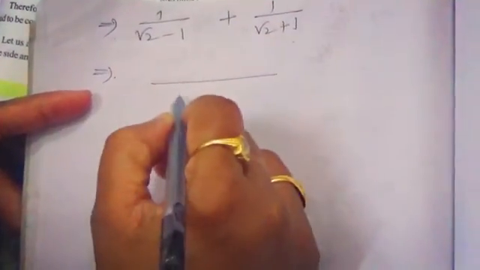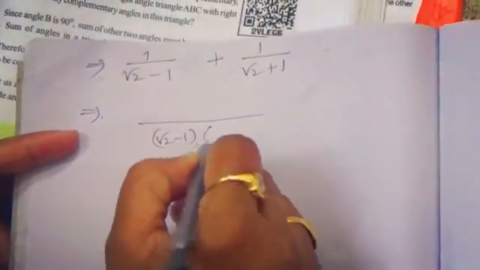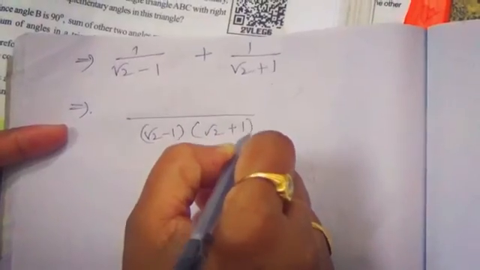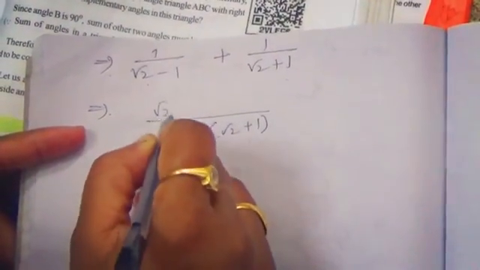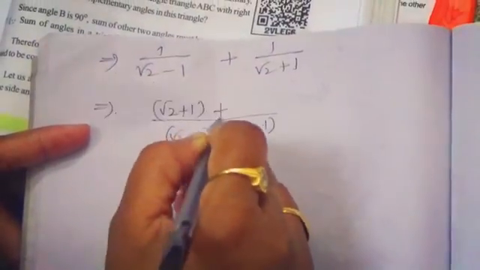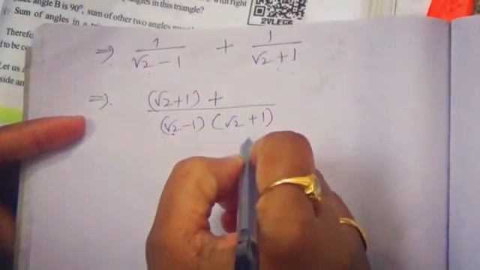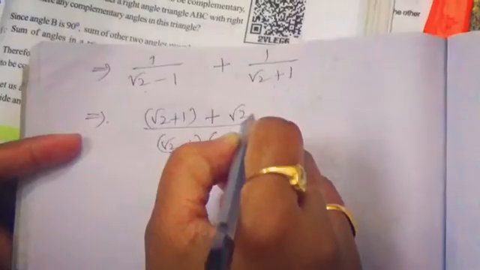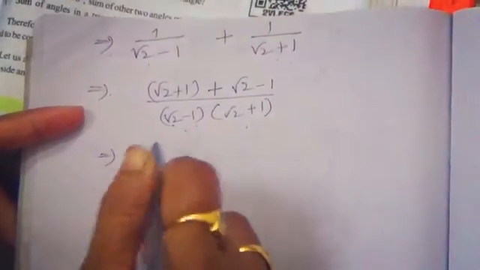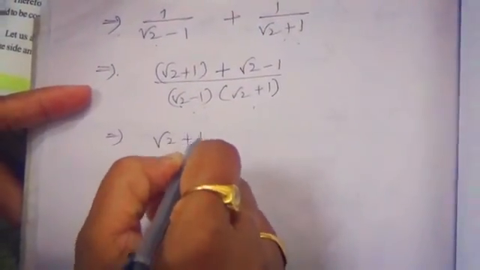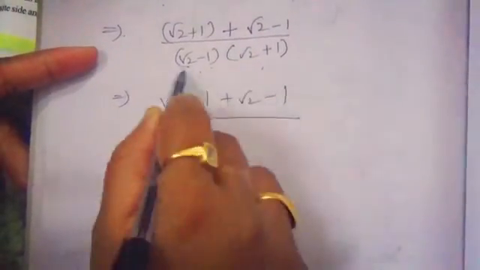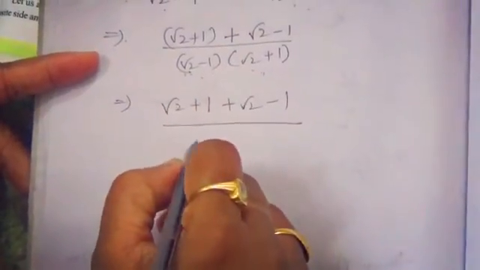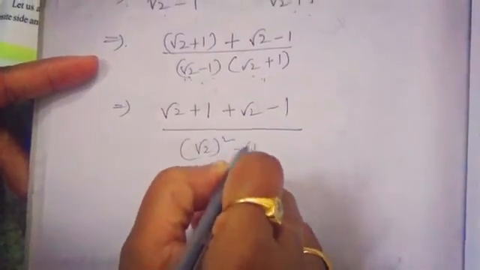While taking this LCM, root 2 minus 1 is there, but root 2 plus 1 is not there; so we multiply by root 2 plus 1. Likewise, root 2 plus 1 is there, but root 2 minus 1 is not there. So root 2 plus 1 plus root 2 minus 1 by, it is in the form of a plus b into a minus b, root 2 whole square minus 1 square.